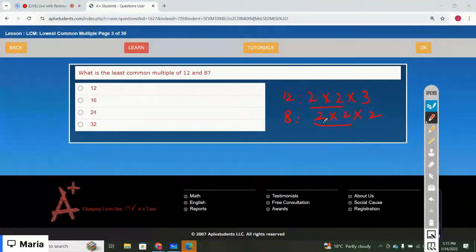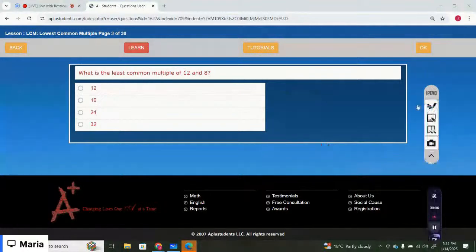So these are the common multiples, 4 is the common multiple, and these are the non-common multiples. That gives 24. The correct option is 24. Option number 3 is the correct option.